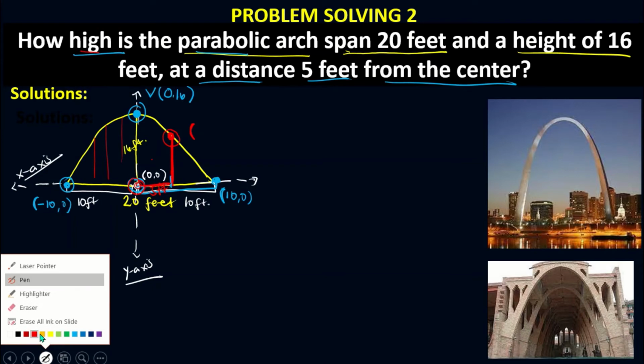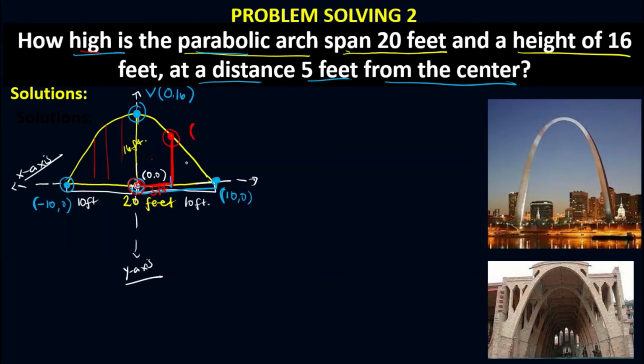So what will be our coordinates there? We look at our x, and our x there is 5. So 5, comma, and our y. Do we know how high this is? No. So we are going to represent it as y. So, 5, y.